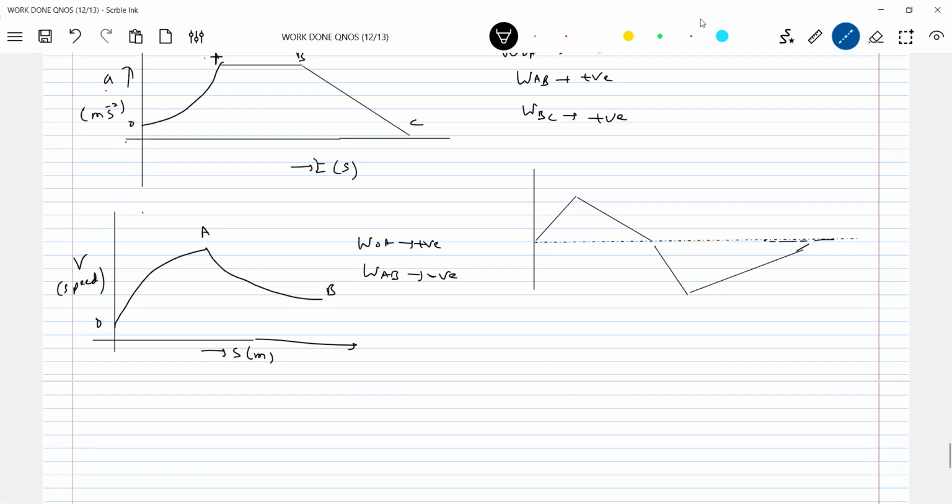Please analyze all this and go for the exam. It's very important. So this is the acceleration, I'll write it, and this is X, the position. X or S, anything you can write. Can you say anything about the work done in various regions?